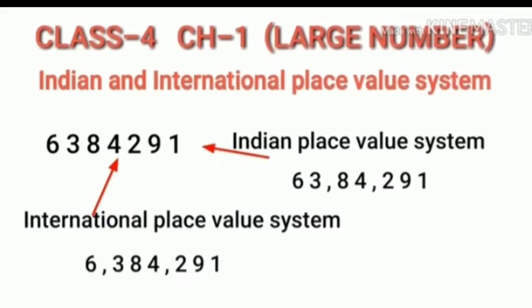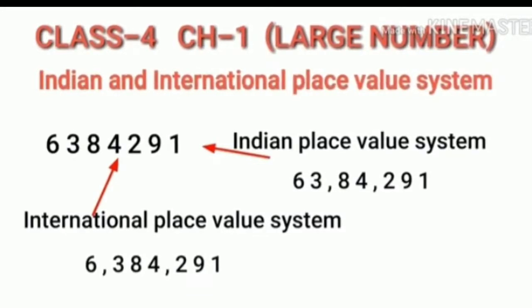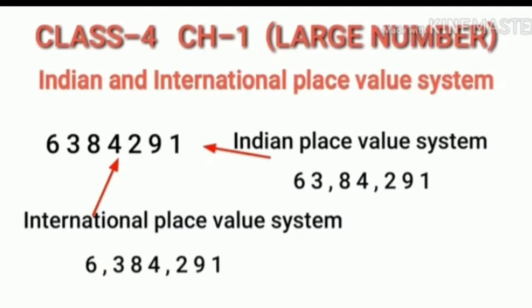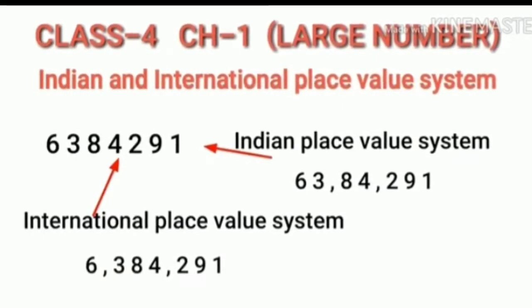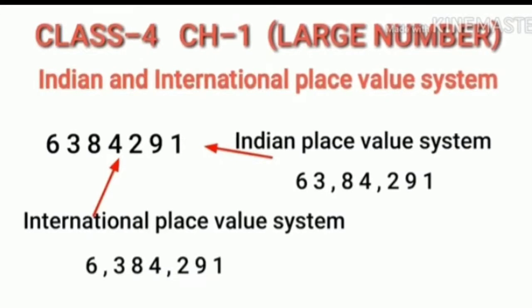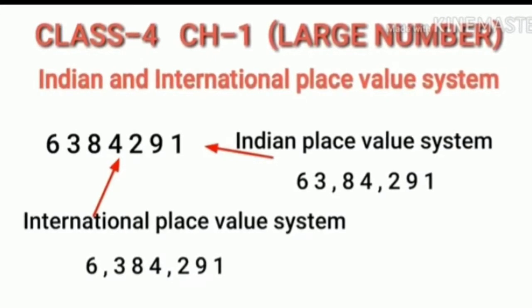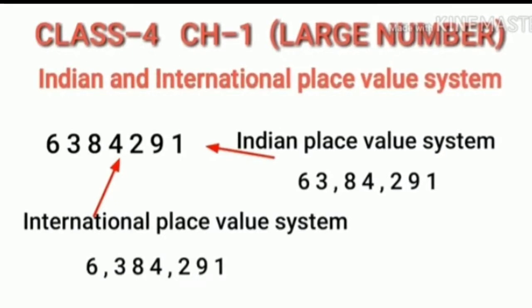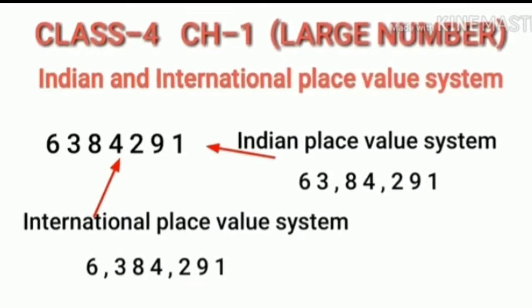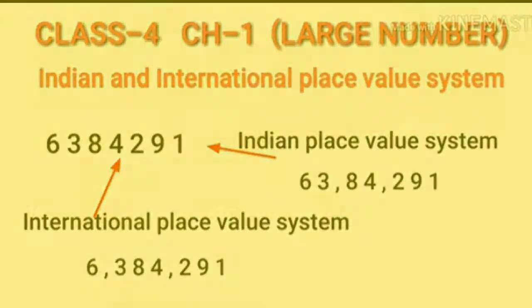However, in the international place value system, we can read the digits as 6,384,291. So I think the concept of Indian and international place value system is clear to you now.